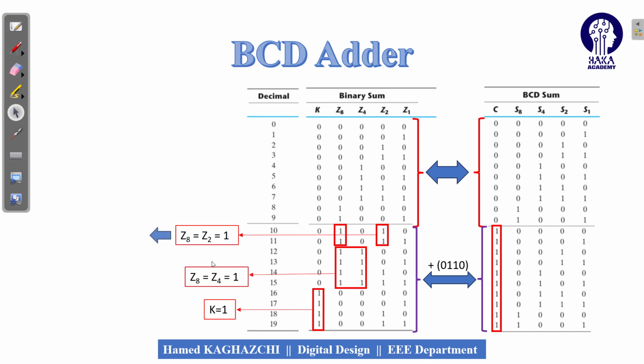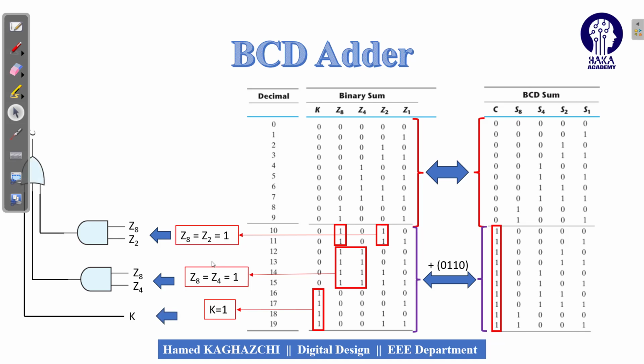So it means that for this concept, I can use the AND gate for Z8 and Z2, and an AND gate for Z8 and Z4, and because I said that if one of them happens we have to add 6, it means that using the OR gate, we can produce the C.